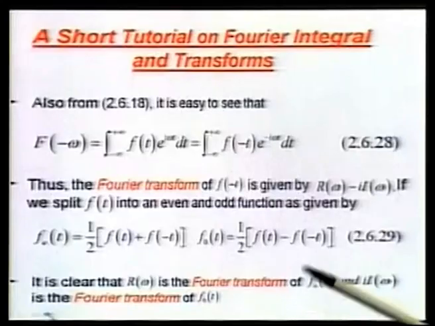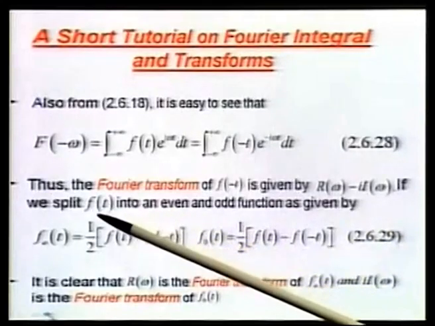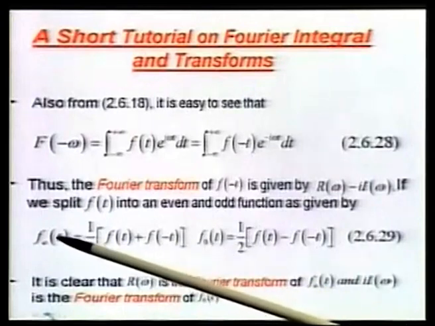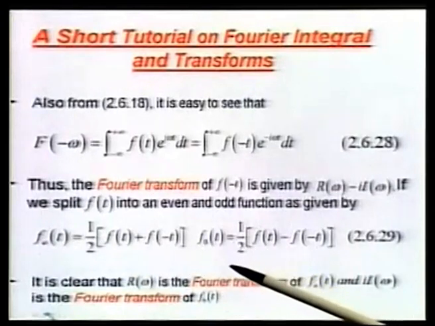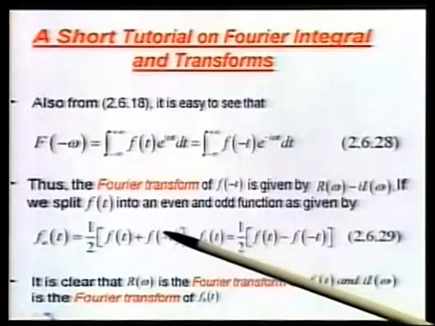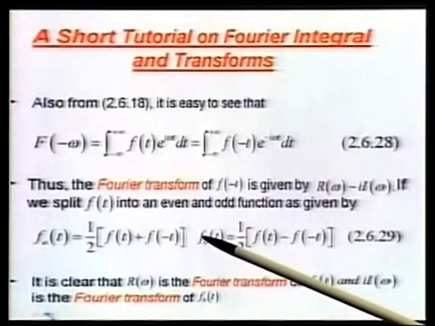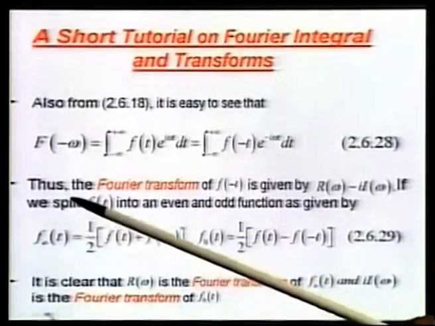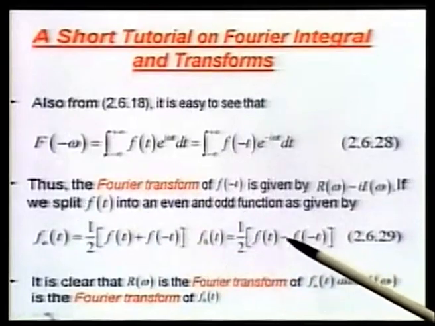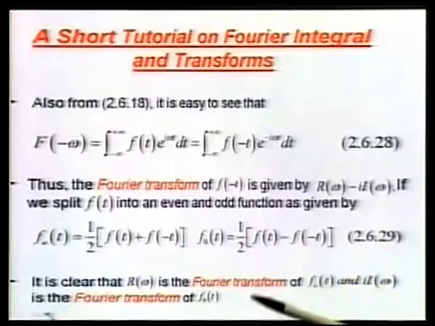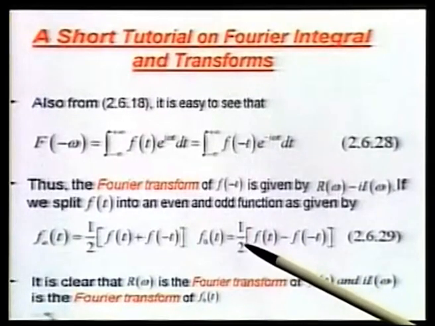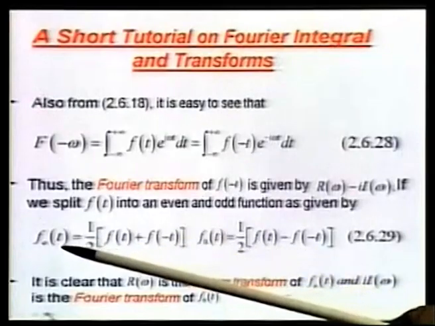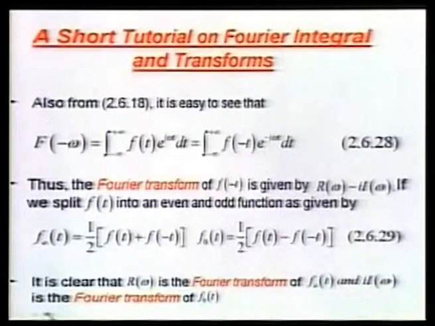If we can split f of t into an even component and an odd component, how do you construct an even component? Well, it is very easy. You take the average of the plus t and minus t contributions, that will give you the even part, and if I subtract, I get the odd part. So, this is one way of representing the same f of t in terms of even and odd components.